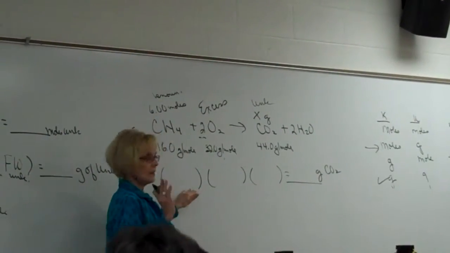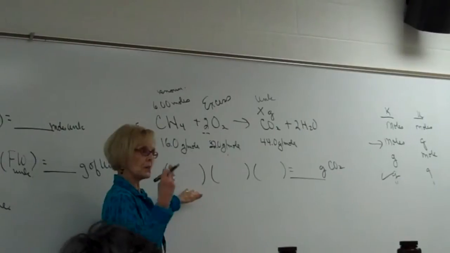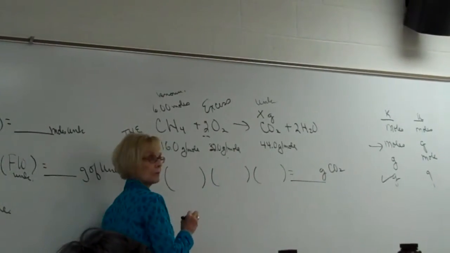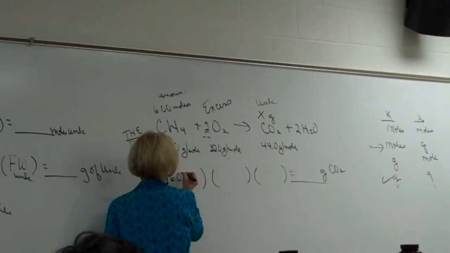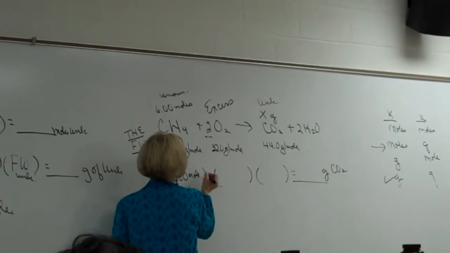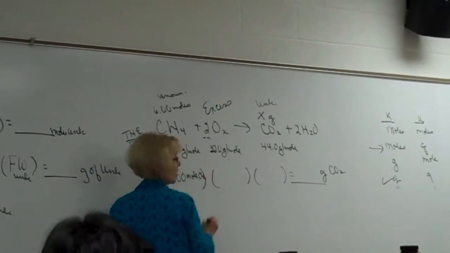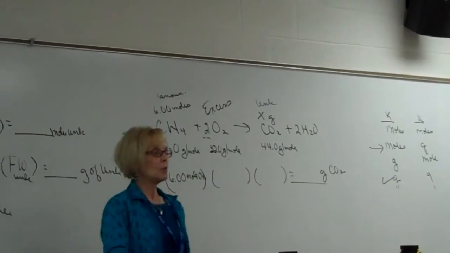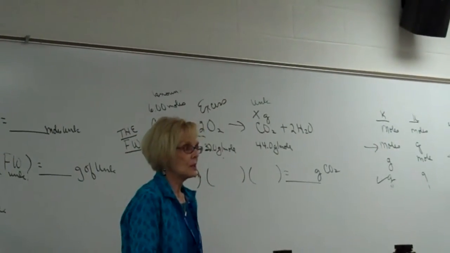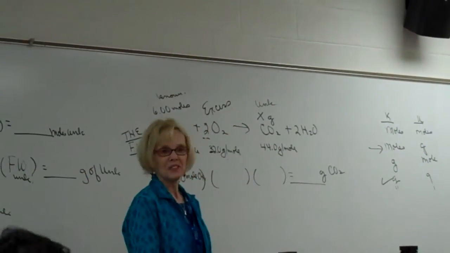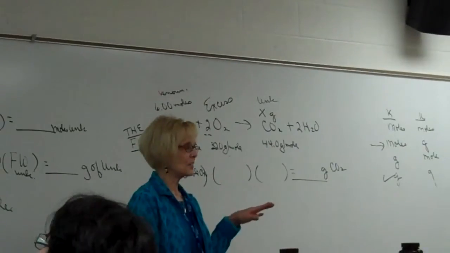Okay, now, in my first set of parentheses, Liz, what do I want to put? 6.00 moles methane. Do you want to do any more with that first set of parentheses? Good for you. No, it's a gift.